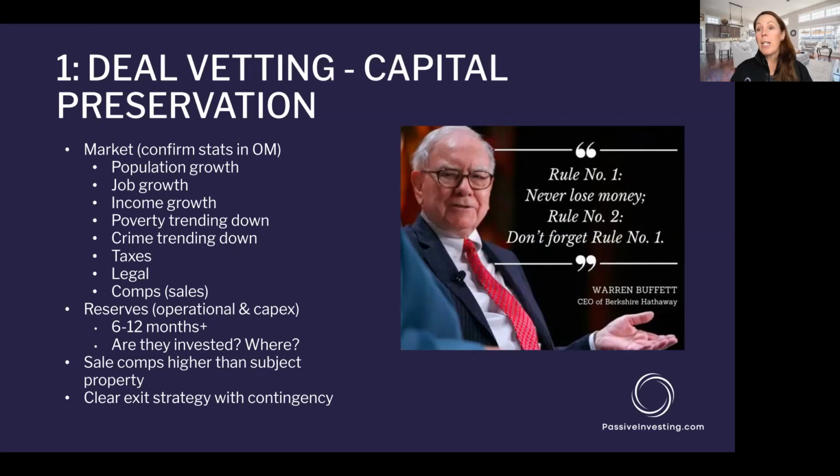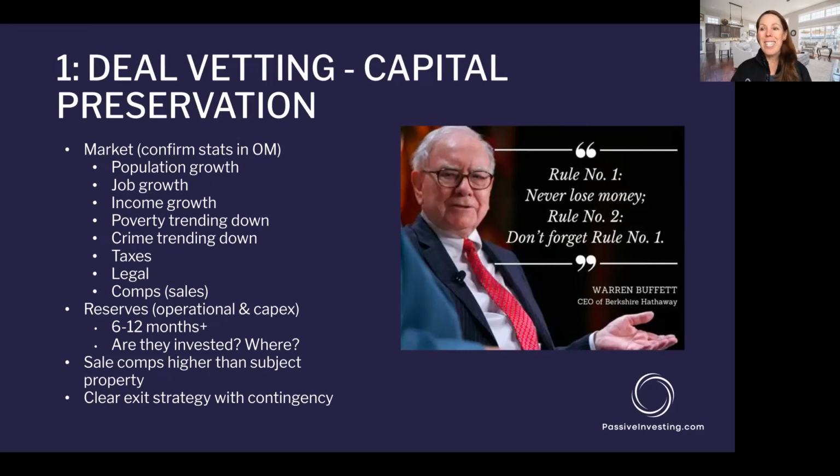Minimally, I want to see operational reserves at 6 to 12 months. Now, that's a lot of cash to have sitting on hand. If it is a rehab strategy, I want to see a large portion of that CapEx budget being raised, so that the operator's not having to skim cash flow to replenish the capital expenditure budget. I want to see that all penciled in up front. We know what the numbers are.